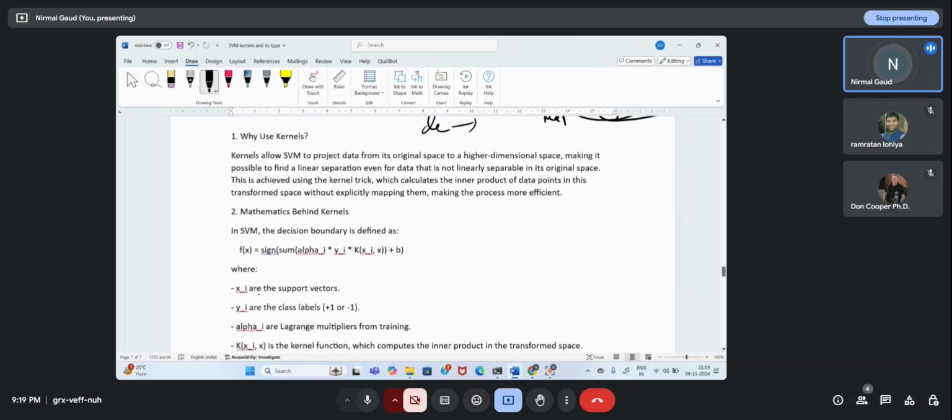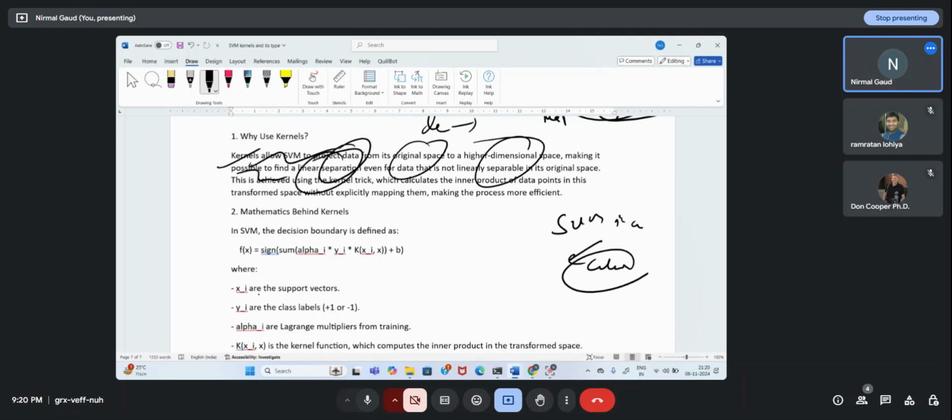Okay, so the kernel projects data from its original space to a higher one, making it possible to find a linear separation. SVM at its core is for classification.